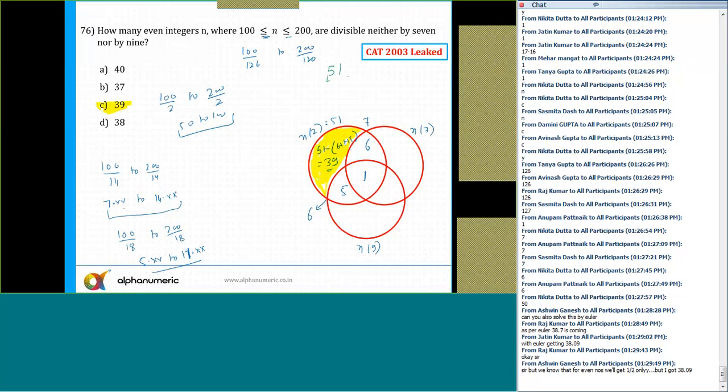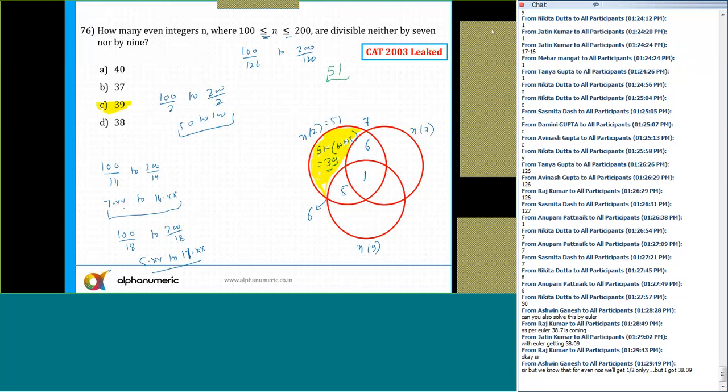Now, out of these even numbers, we need to neglect all the numbers which are a multiple of 7 or 9. So it's a series of even numbers, so there is a chance of error here. So avoid that, Ashwin and everyone. Use Euler's only if it is really needed. Options are also very, very close.